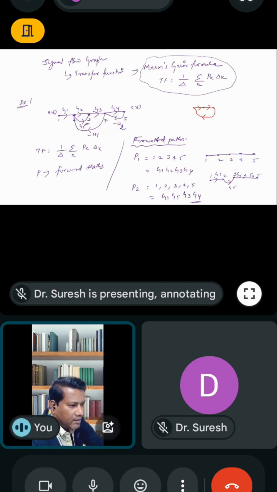So here from 2 to 3, 3 to 4, again 4 to 2. So it is one loop. And another loop is here, 4, 5 and again 4. This is the other loop, shown in the red color.